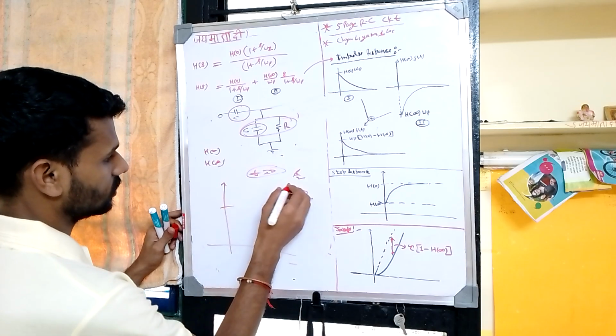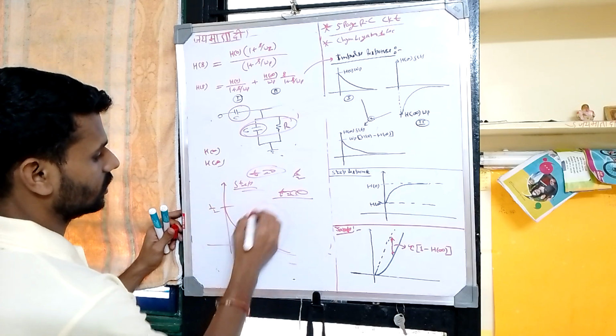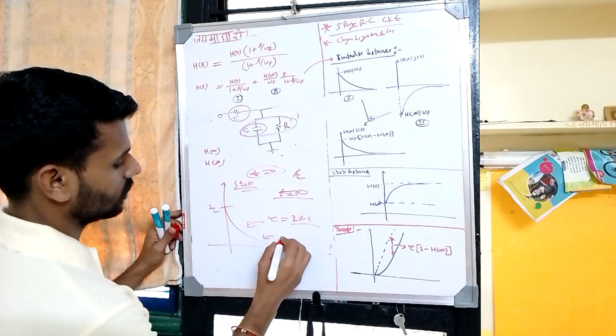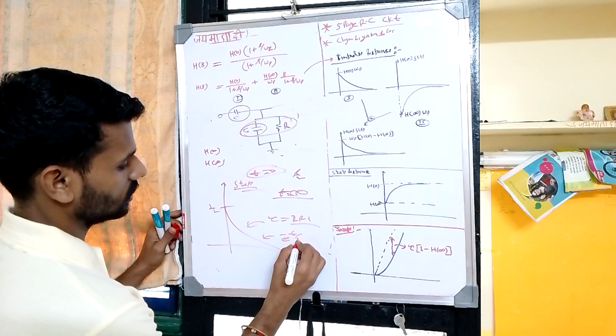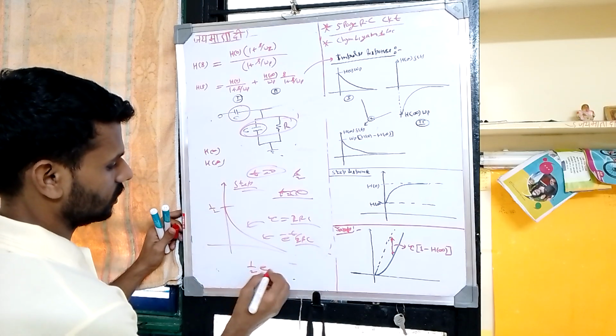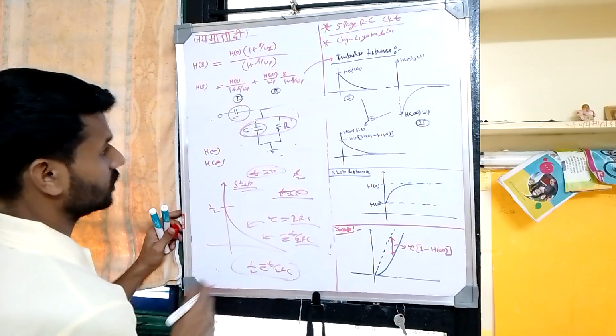So the step response is 1 by 2 times e to the power minus t upon tau, where tau is 2RC. So your total step response is 1 by 2 e to the power minus t upon 2RC.